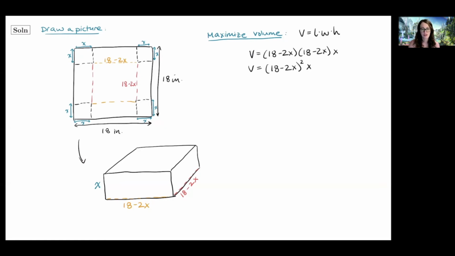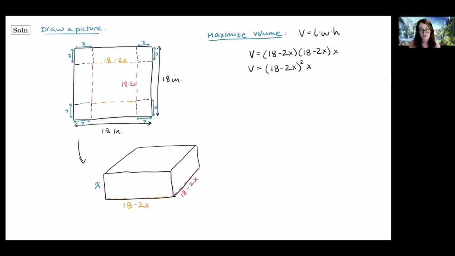Now in these questions, we often have a constraint or something that limits our values that we can have. Our thing we want to maximize here actually is already in one variable. And remember that the constraint normally allows us to eliminate one of the variables that's in our formula that we want to maximize or minimize.